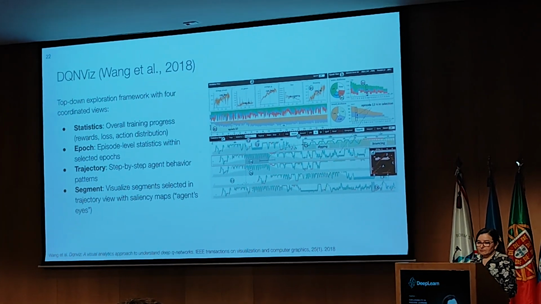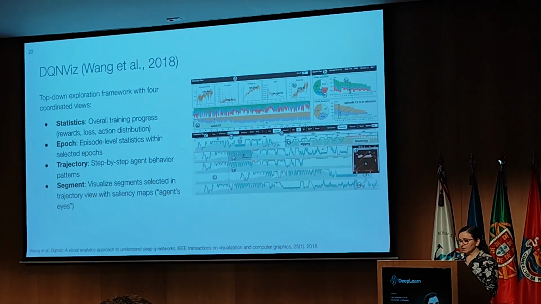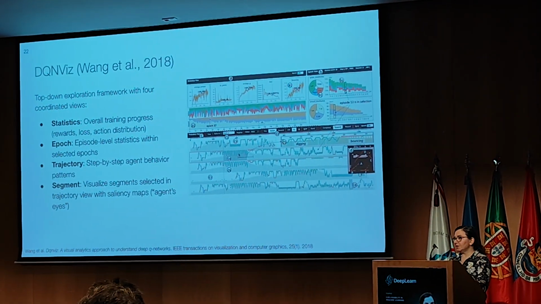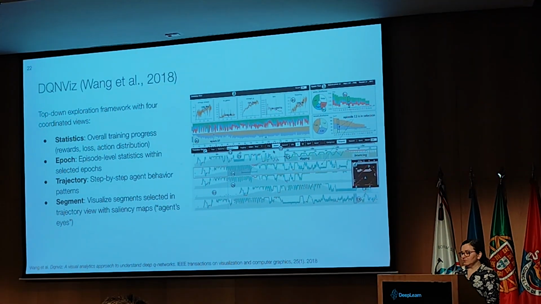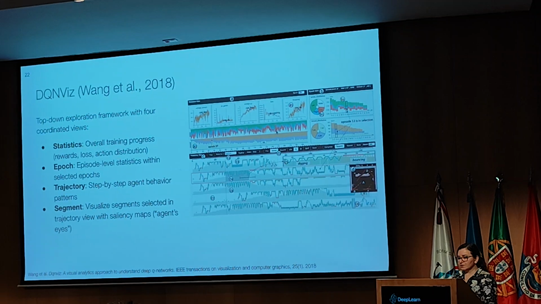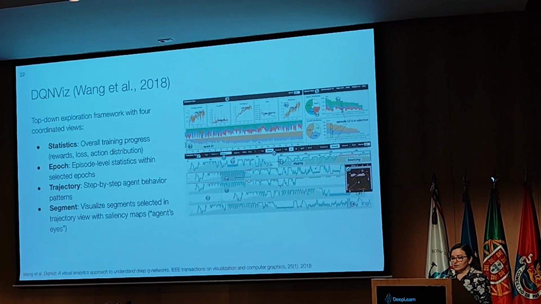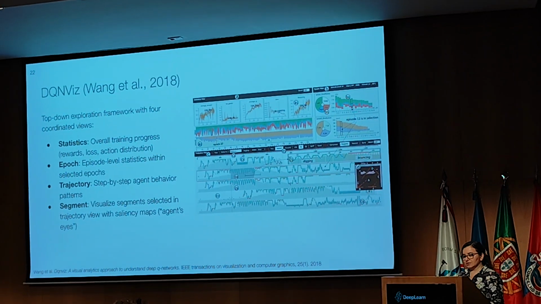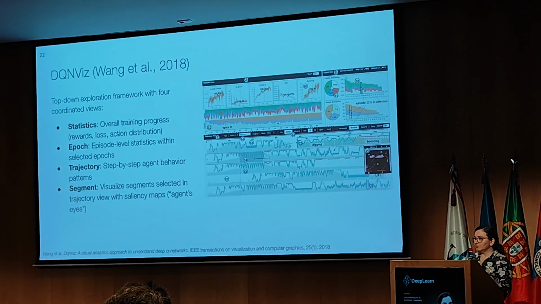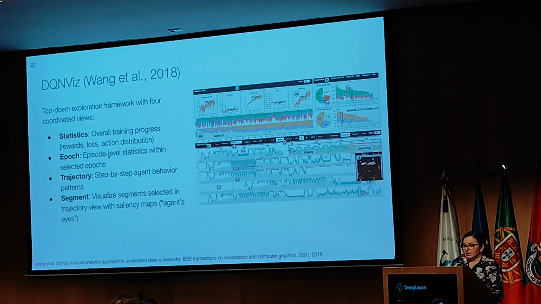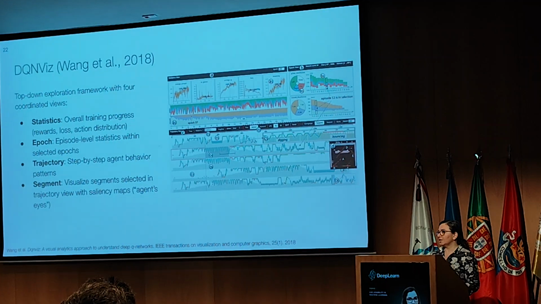So here is one toolbox. It exists in the paper, but sadly it has not been released, which looks pretty useful. It has this top-down exploration framework that provides the statistics, epochs, and trajectory and segments. So it shows your overall training progress. It shows episode level statistics, and then also it has trajectory.